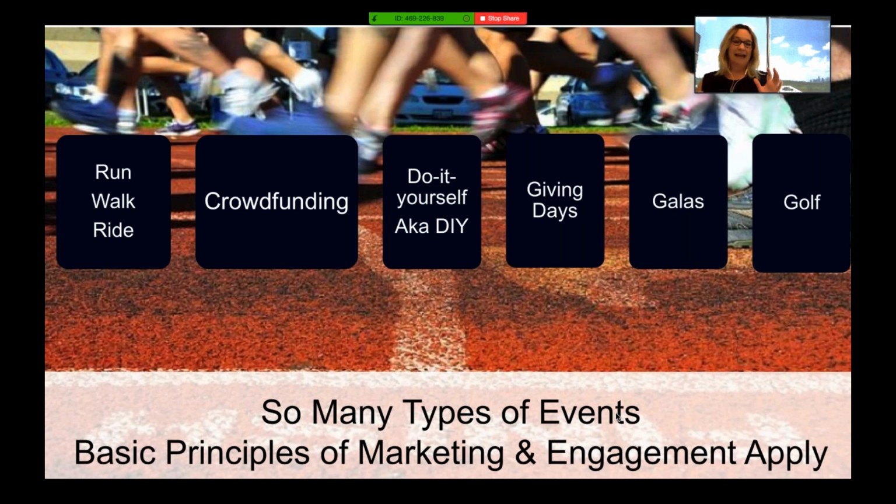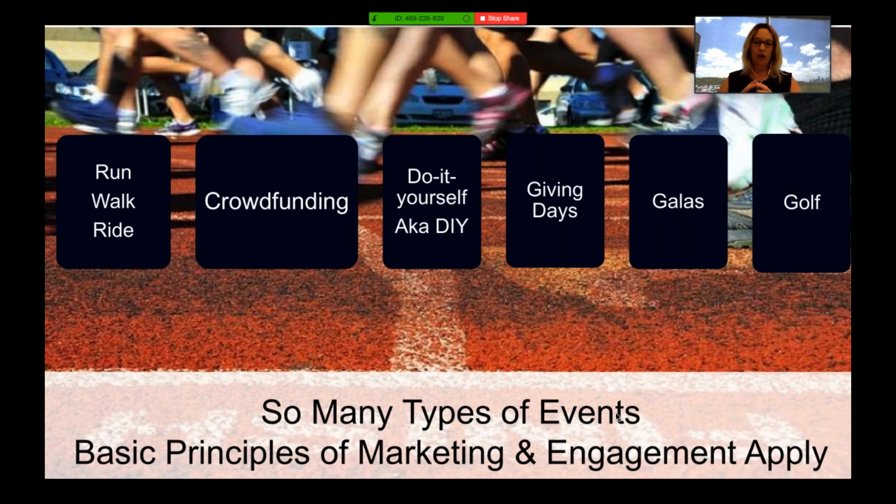There's a lot of different types of fundraising events out there that you may or may not be doing, or may be thinking about doing. There's in-person, actual physical events like runs, walks, rides, galas, golf tournaments, things like that. And then there are all of these virtual events we're doing these days with crowdfunding, do-it-yourself peer-to-peer campaigns, and giving days.